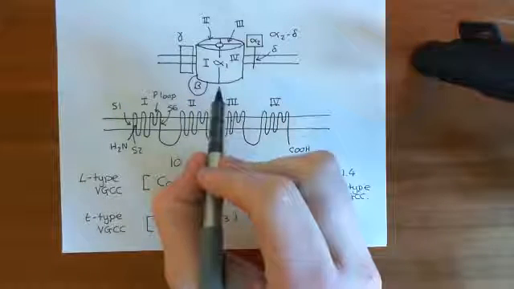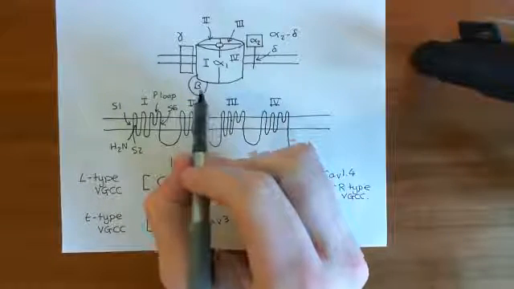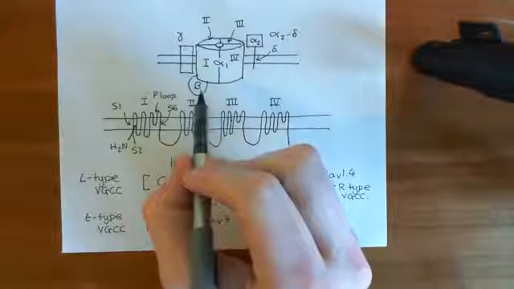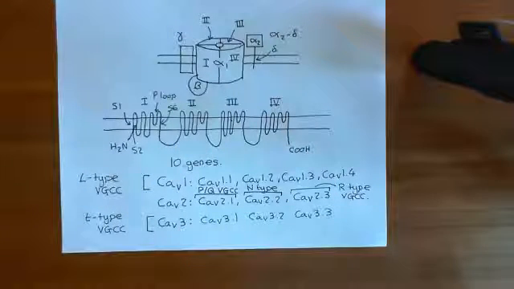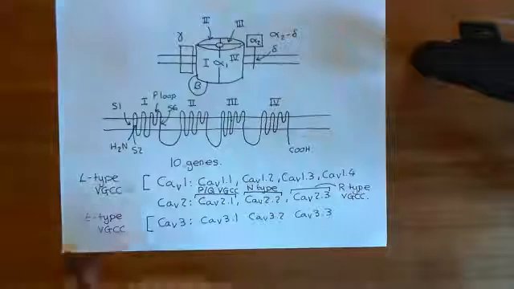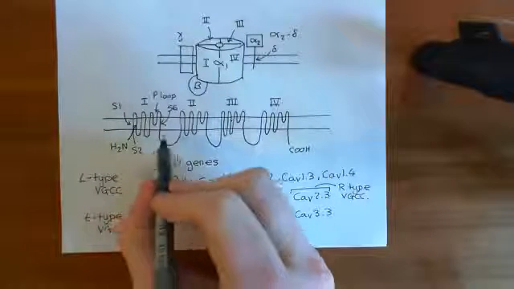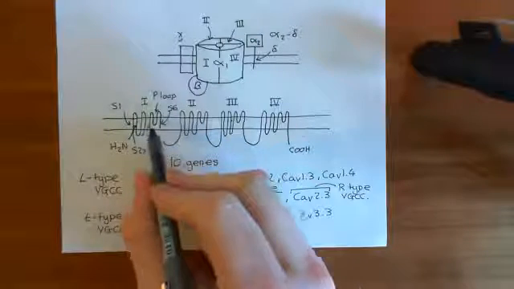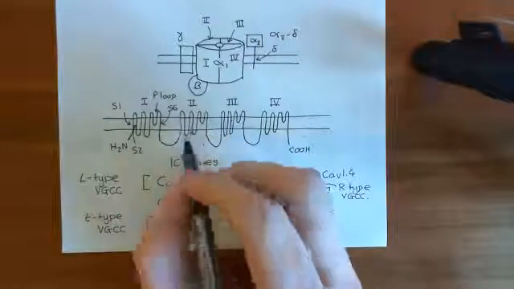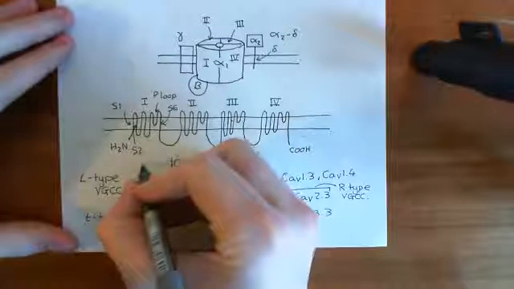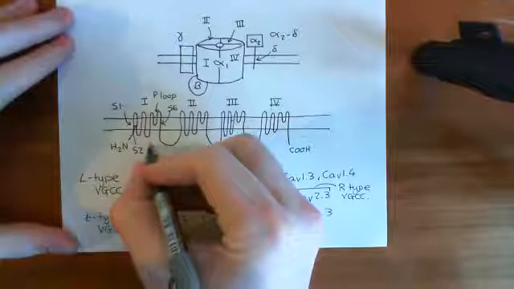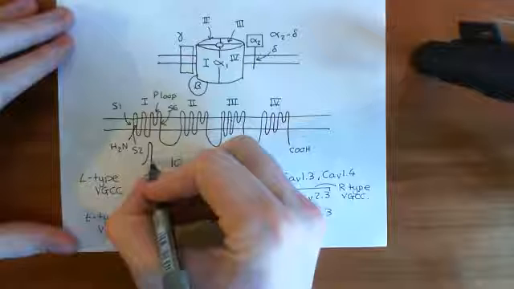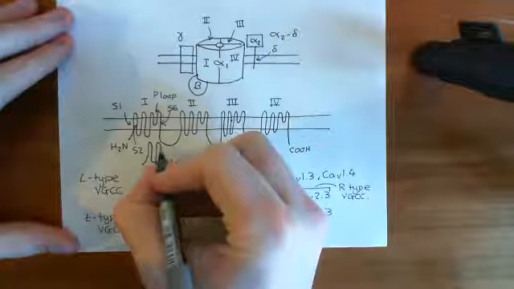So the beta subunit has a structure with four alpha helices, but they're not membrane-spanning alpha helices. And basically, the beta subunit is going to bind to this intracellular loop between the first domain and the second domain here. Okay, so I'll show the beta subunit here. So here are these 4 alpha helices, like so.